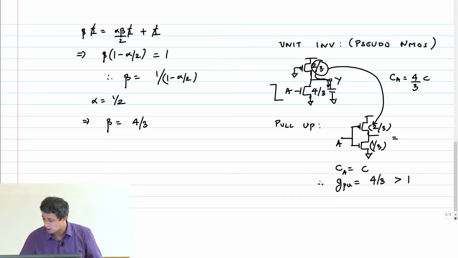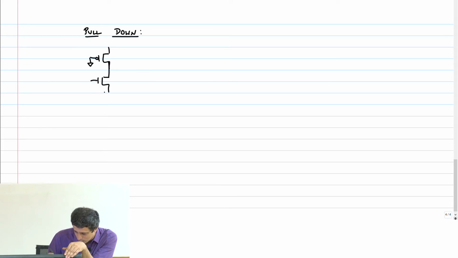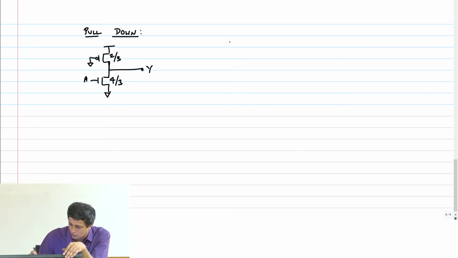Now, what about the pull down logical effort? This is 4/3, 2/3, output Y. I am going to construct my reference inverter.